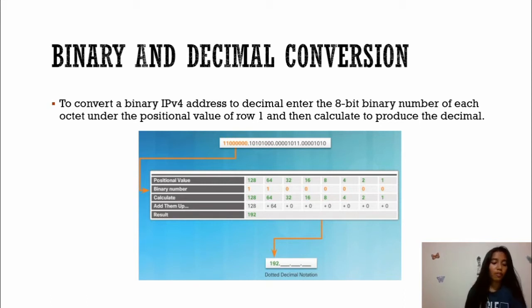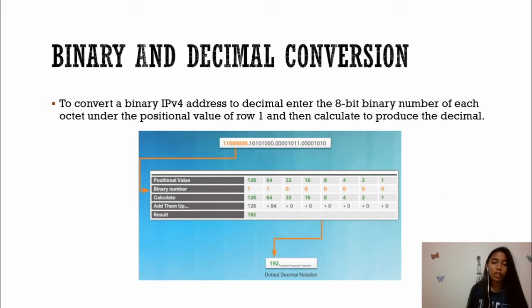For the next one, we have the network and host portions. Here, IPv4 is hierarchical and composed of a network portion and a host portion.